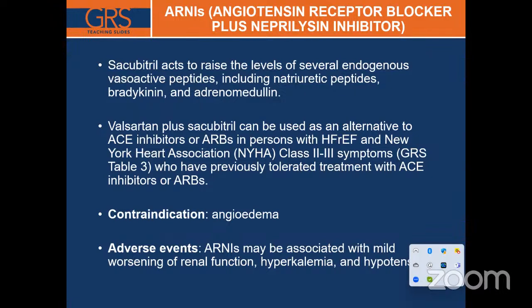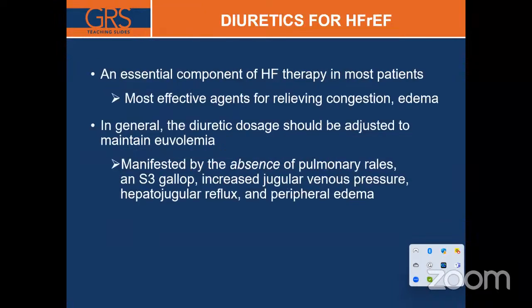So we start with ACE inhibitor, ARBs, and the next one is sacubitril. Contraindications of sacubitril are angioedema and adverse reaction. The ARNI may be associated with mild worsening of renal function, hyperkalemia, and hypotension.